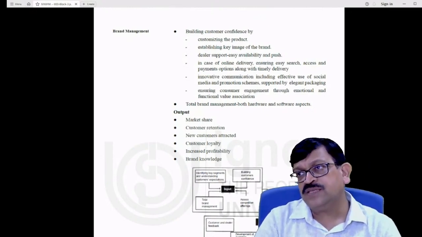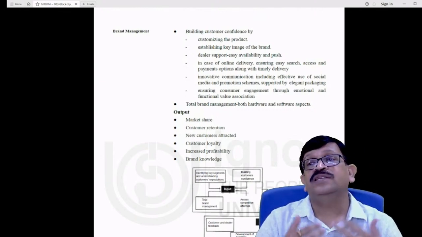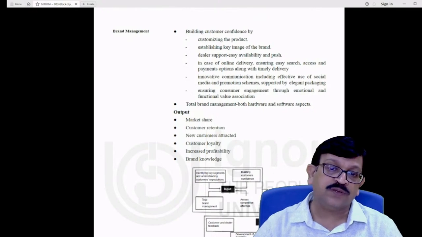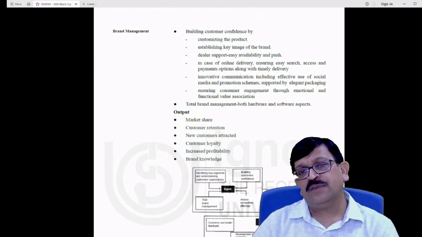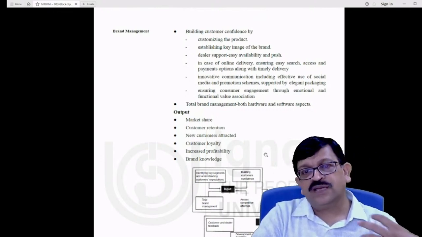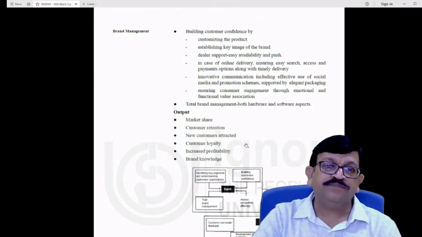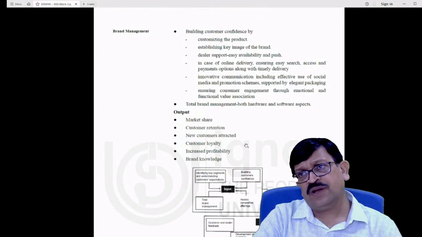How profitable are these brands, are they losing or gaining market, are they able to reach more geographical locations and expand the geographical footprint? All these things can be captured as an output, and our marketing strategies can be aligned to how the brand is perceived in the marketplace.